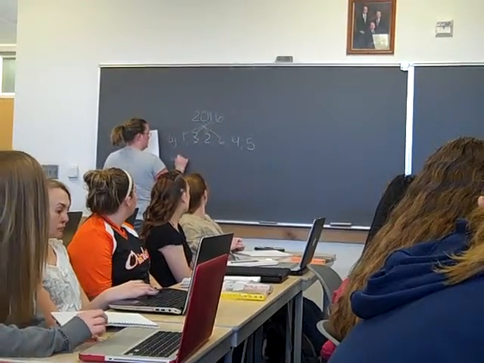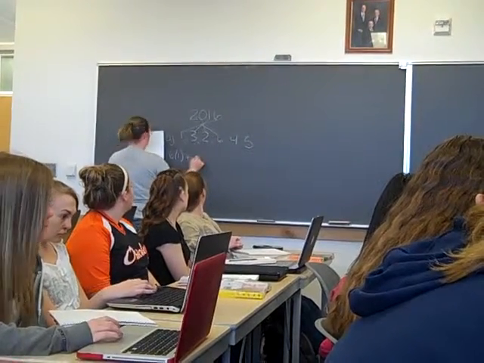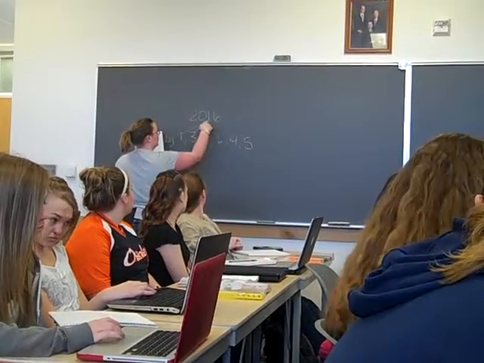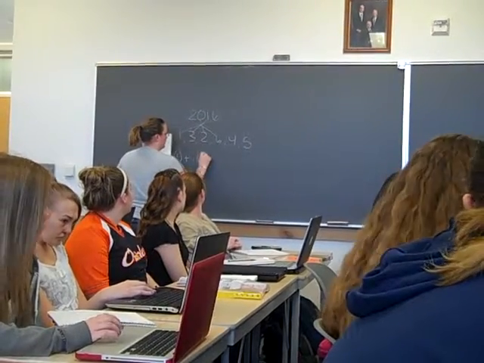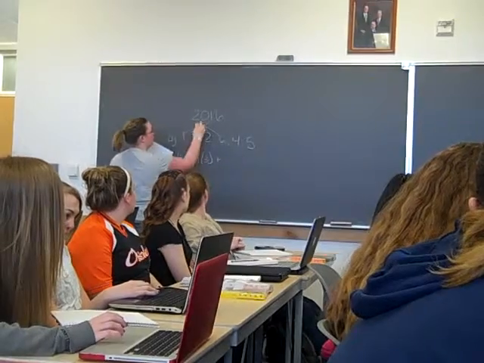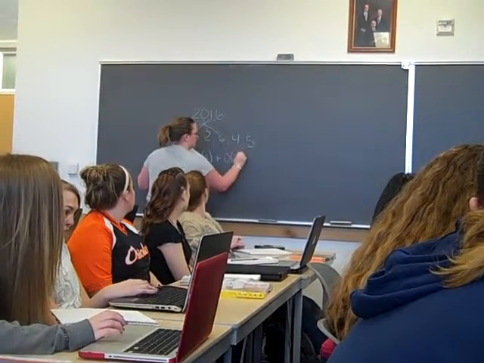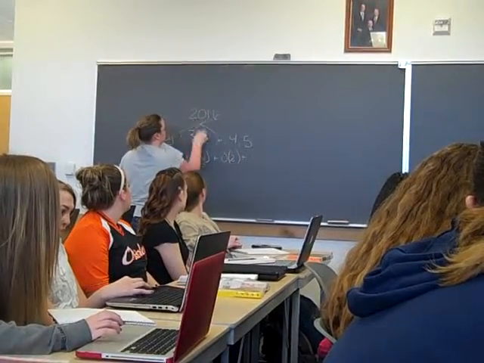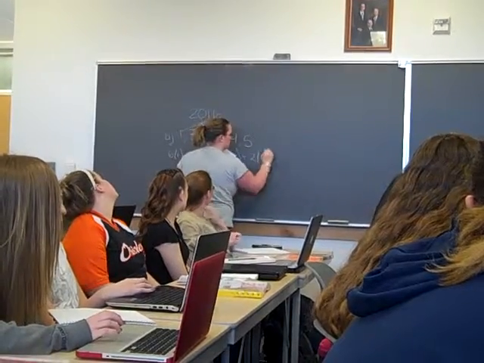So you do 6 times 1, and then you add them together. And then 1 times 3, and then 0 times 2, and then 2 times 6.